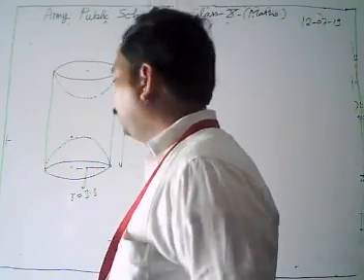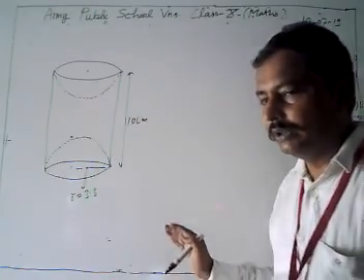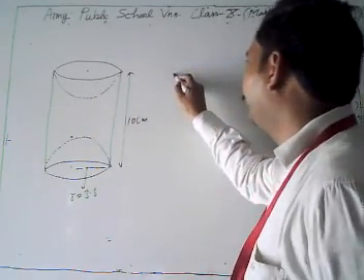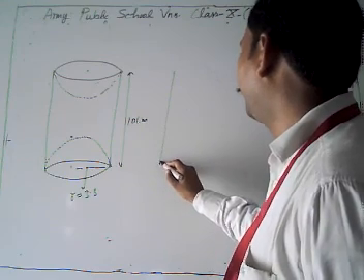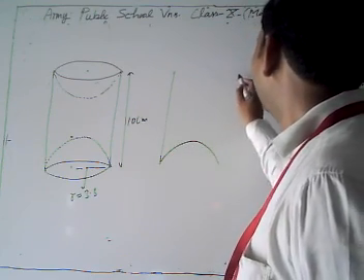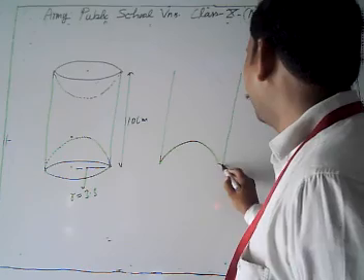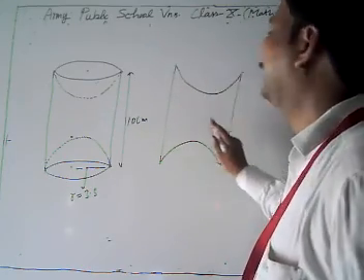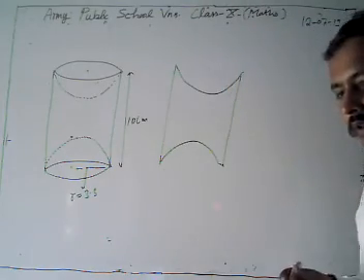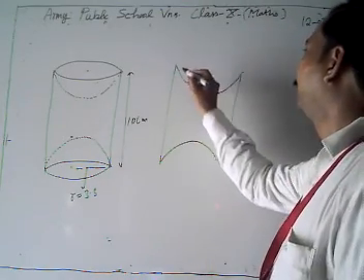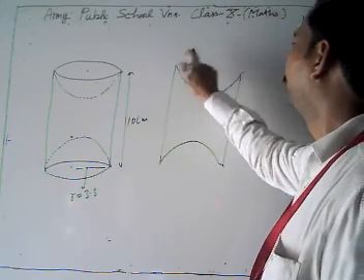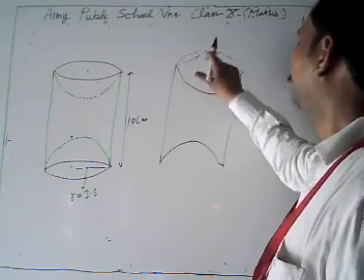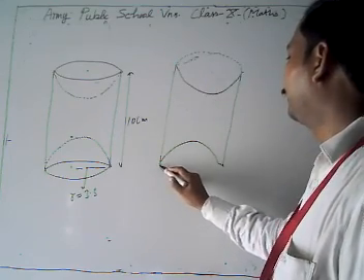When we scoop out the hemisphere from both ends, what is the figure of the solid? Similar to this way. Just suppose, because it's a 3D figure.